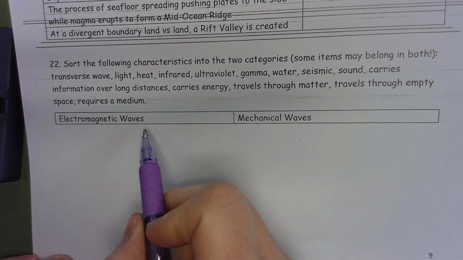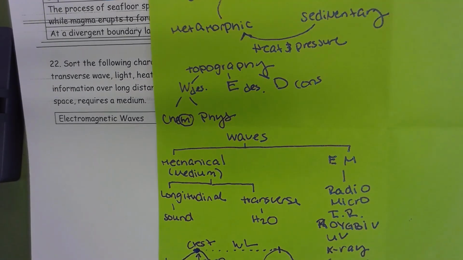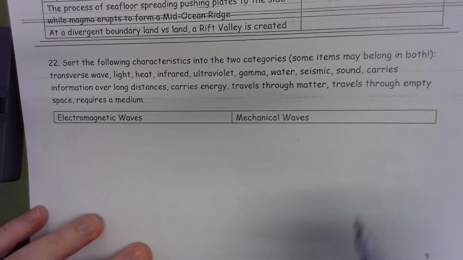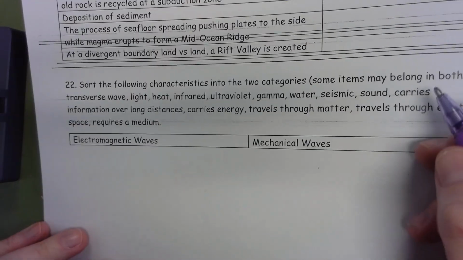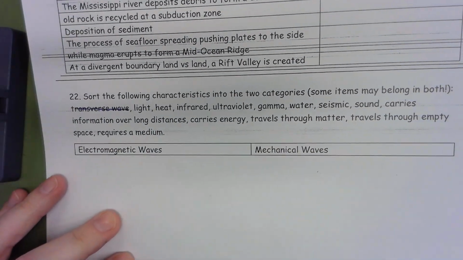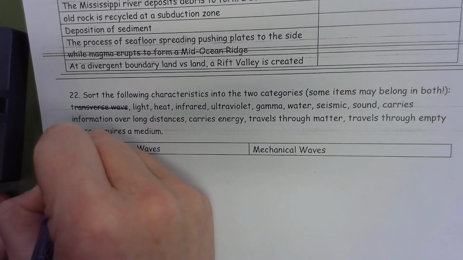So we have electromagnetic waves and mechanical waves. Remember, you have your cheat sheet from the wave section that you can use for this. All right, let's look at the first item. It is transverse wave. Reminder that electromagnetic waves can only be transverse.